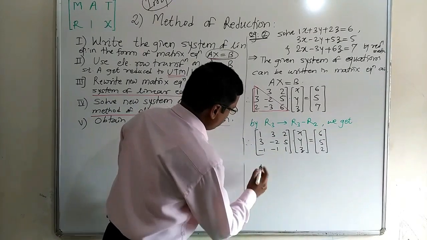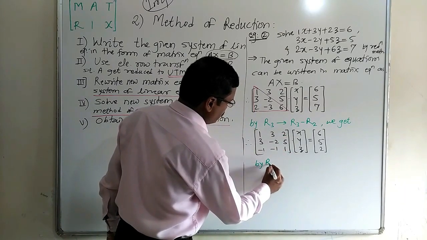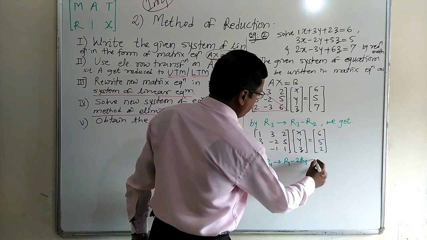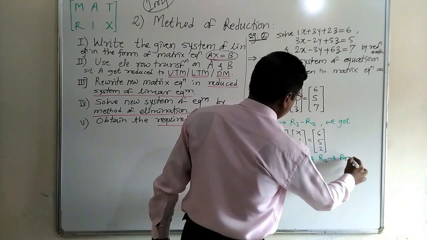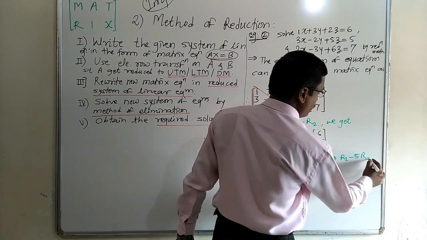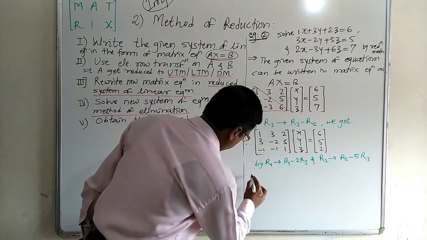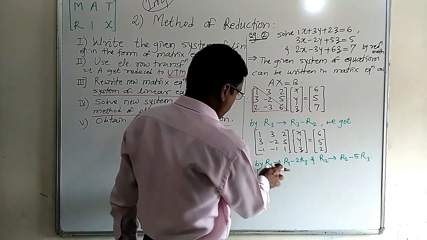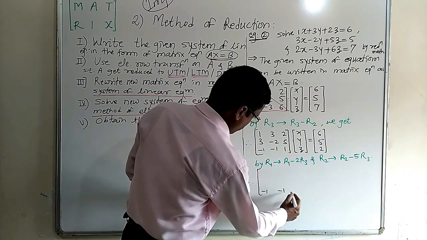So for that, by R1 minus twice R3, R1 changes to R1 minus twice R3, and R2 changes to R2 minus 5 times R3. Therefore R1 and R2 are changing, R3 is the same: minus 1, minus 1, 1.